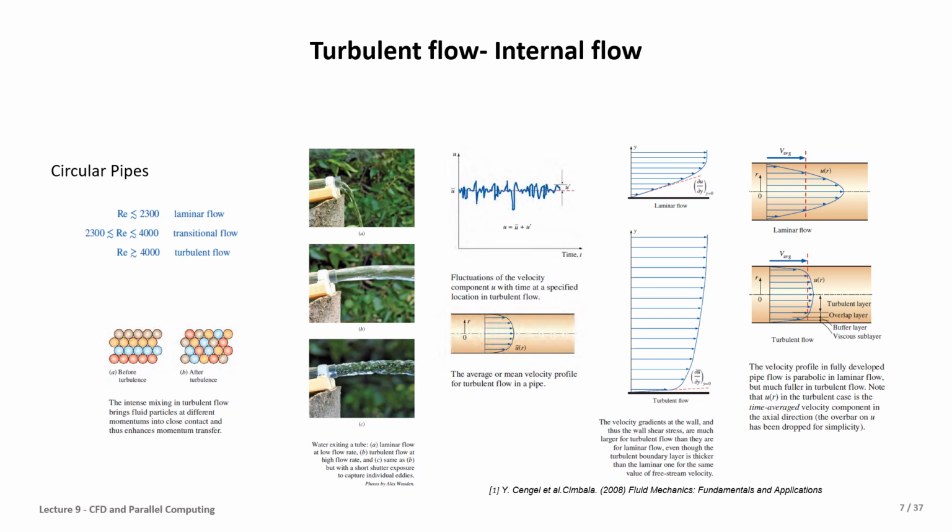As you can see on this figure, the mean velocity is a line, but we have many fluctuations, and it doesn't have any pattern to be able to predict it or find an analytical solution for it. That's why it's a nonlinear phenomenon. That's why the definition of the velocity in turbulent flow is composed of the mean velocity plus the fluctuation.